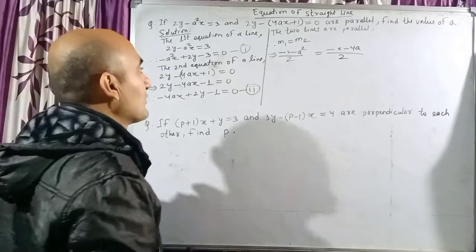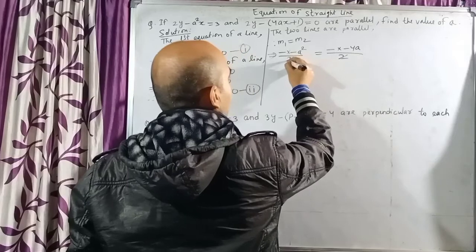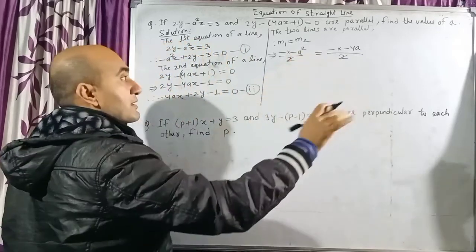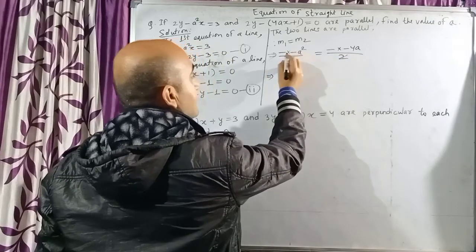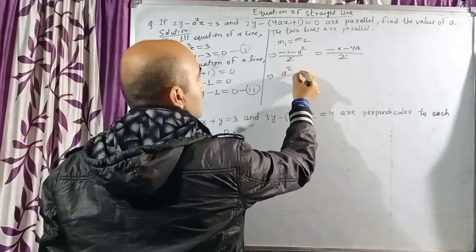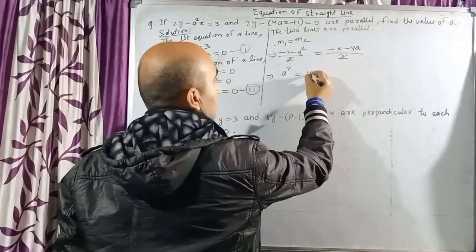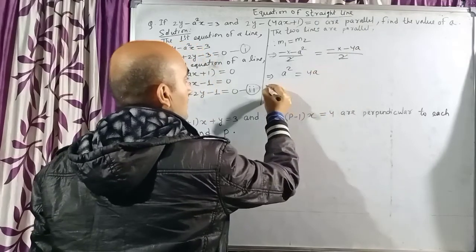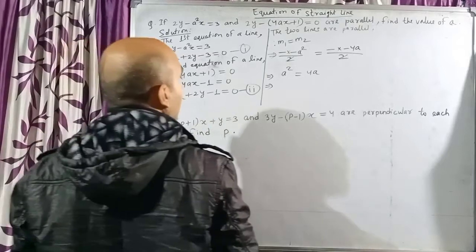Okay children, now you can cancel 2 in the denominator, because the same number can be cancelled. So what is remaining now? Here I can say minus into minus is plus. So plus a square equal to minus into minus again plus, that is 4a. Don't forget we have to find the value of a. So what will happen now?